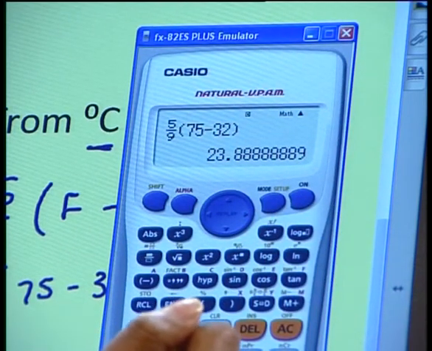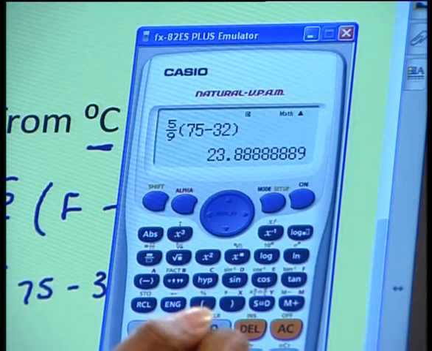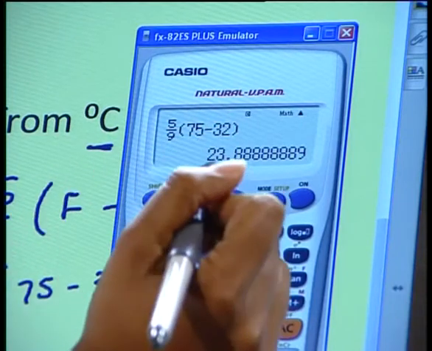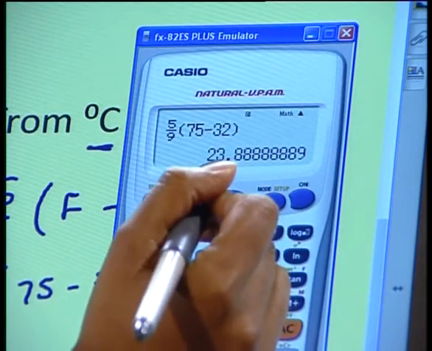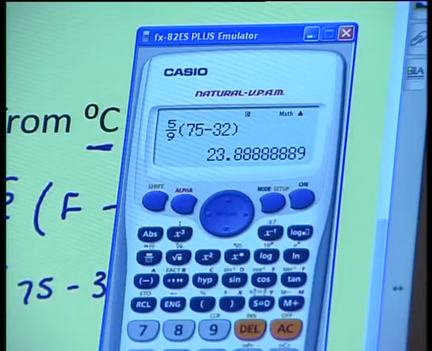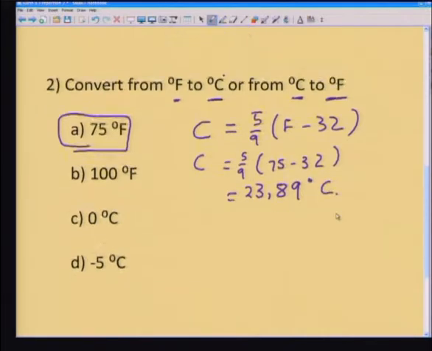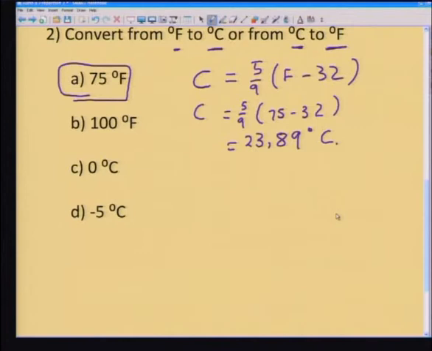Now, they haven't really said how we should round off, and remember, we have told you this many times before, if they don't tell you, then round off generally to 2 decimal places. So in this case, I'm going to round this off to 2 decimal places. So it's 23,89 degrees Celsius.